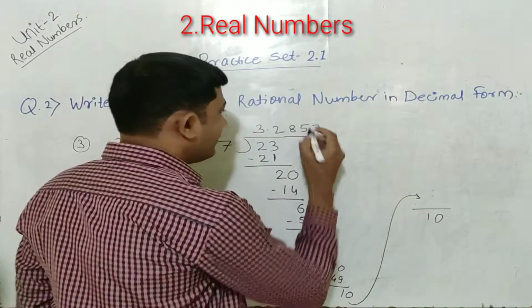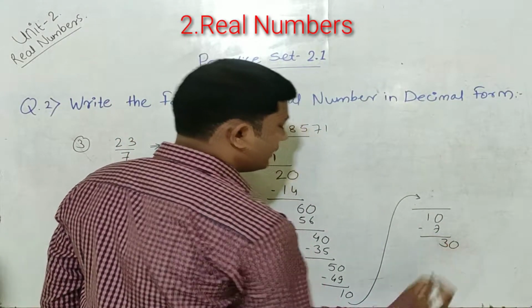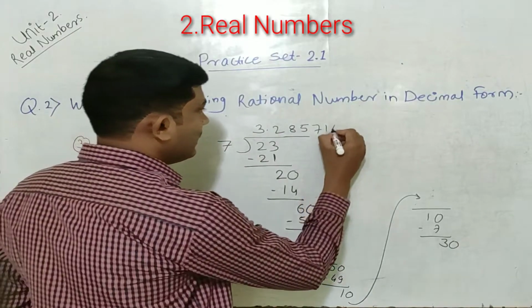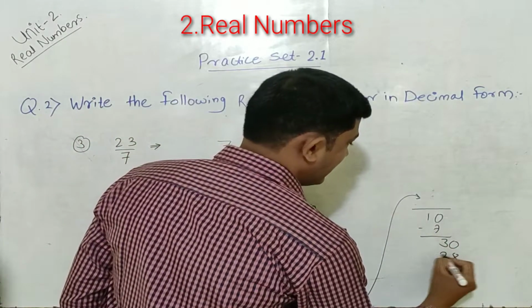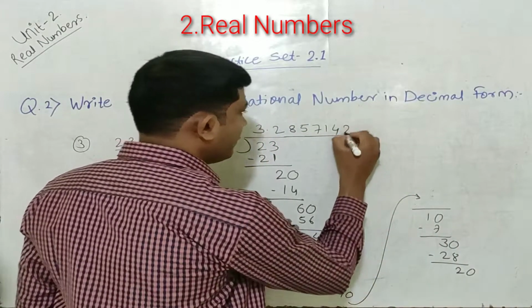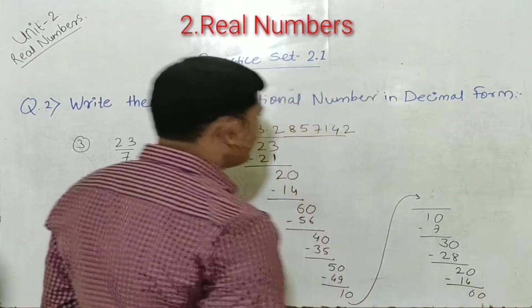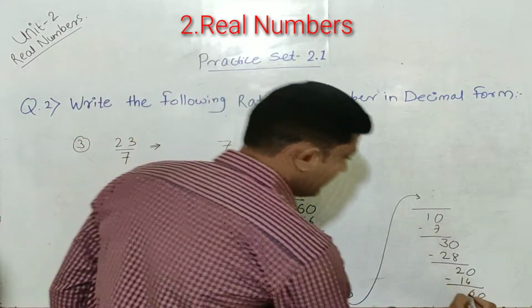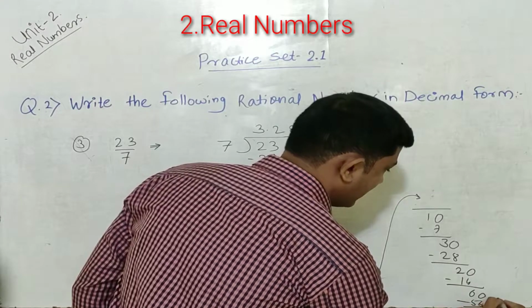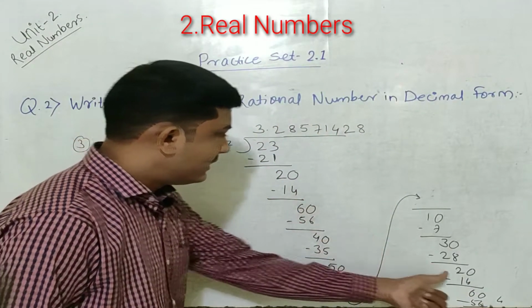Now 7 1s are 7, remainder is what? 3, take 1 0. 7 4s are 28, remainder is 2, take 1 0. Again 7 2s are 14, remainder is 6, take 1 0. 7 8s are 56, remainder is 4. From here it is repeating.